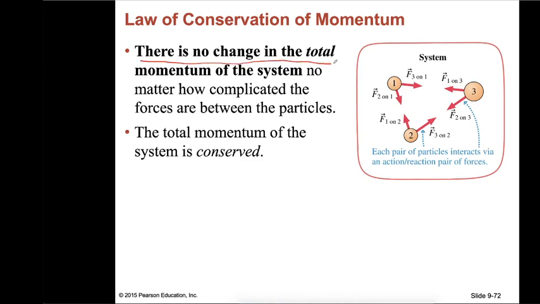There's no change in the total momentum of the system, no matter how complicated the forces are between the particles. For example, if you have multiple particles in the system, between each particle there might be some forces. However, the total momentum of the system is conserved if the interactions are just between a pair of particles or among different particles in the system.